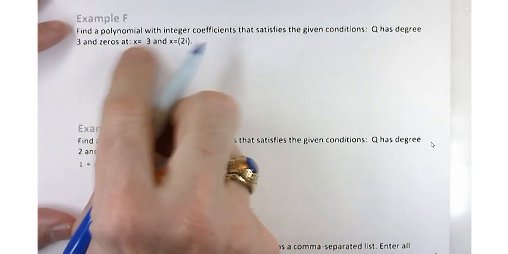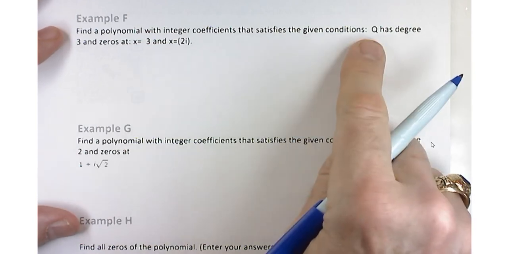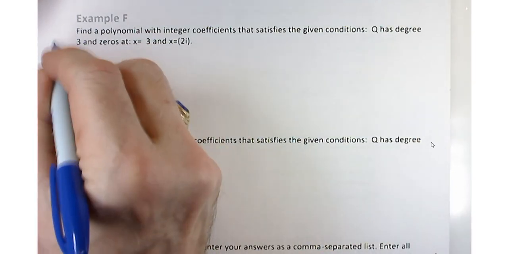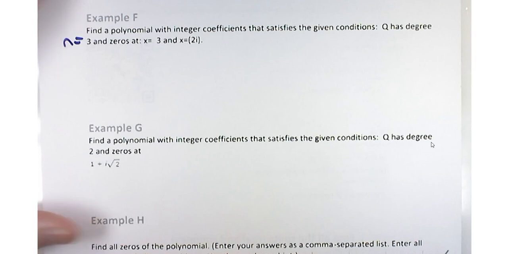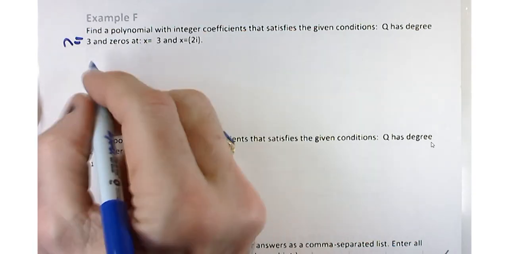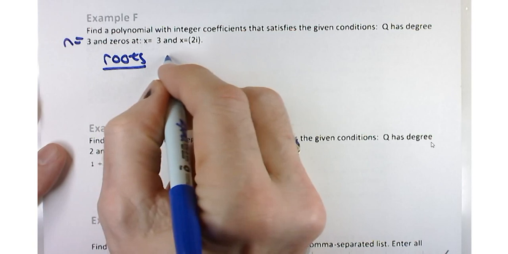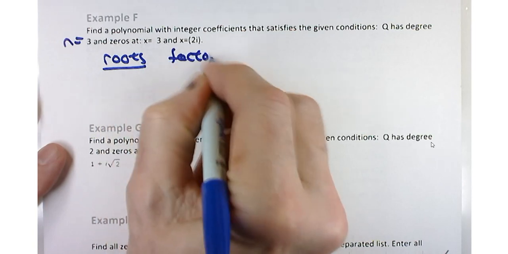Now what does that mean for us in terms of solving these kinds of problems? Well, they tell us we have a polynomial with real coefficients that satisfies the following conditions. We've got a degree of 3 and zeros at x equals 3 and x equals 2i. So let me write the roots and then the corresponding factors.